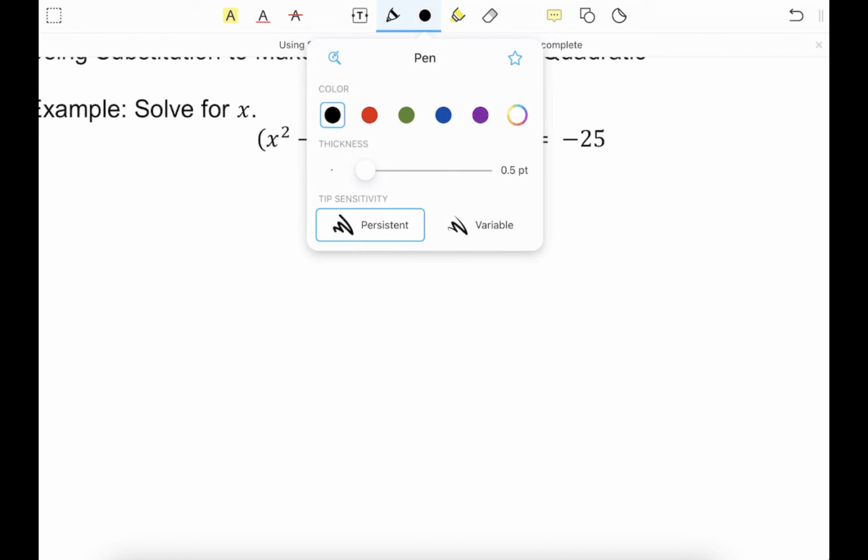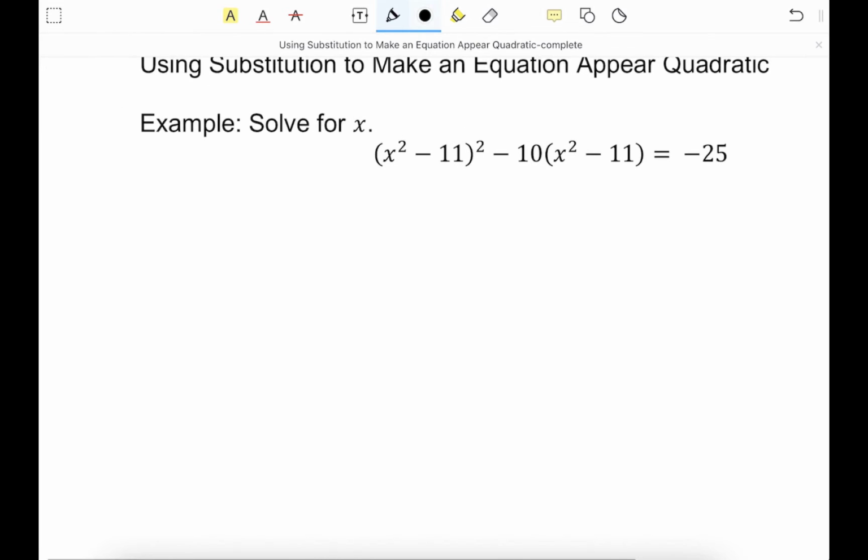So I'm going to say let u equal x squared minus 11. When I do this, this is u, so it's u squared for this first term, minus 10 times u, that equals negative 25.